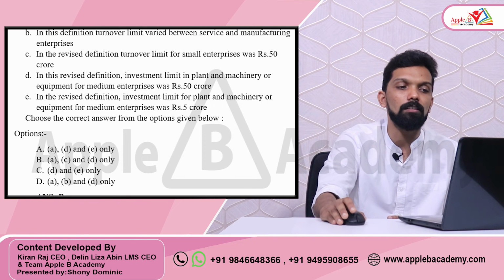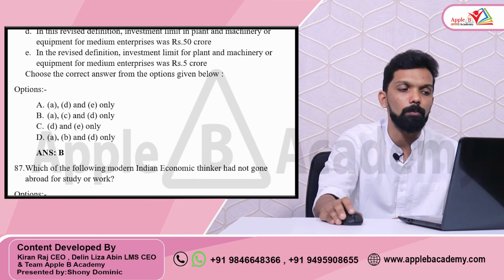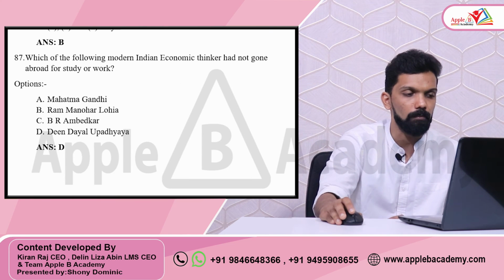D, in the revised definition, the investment limit in plant and machinery or equipment for medium enterprises was rupees 50 crores. E, in the revised definition, the investment limit for plant and machinery or equipment for medium enterprises was 5 crores. Choose the correct answer from the options given below. The right option is option B, which is A, C and D only.